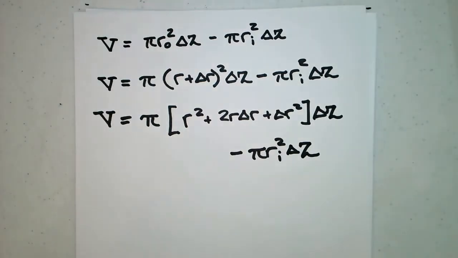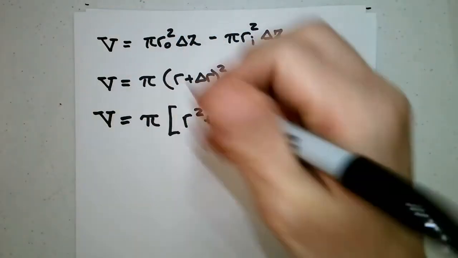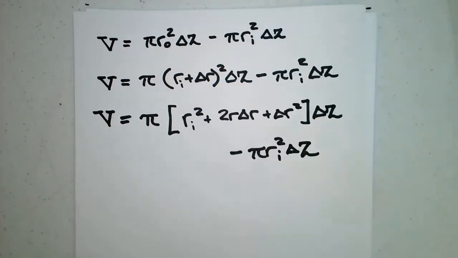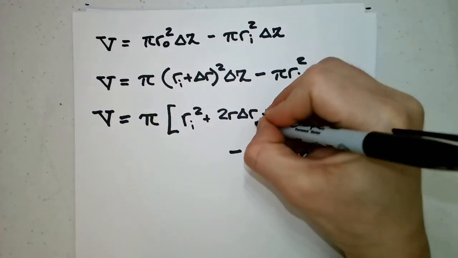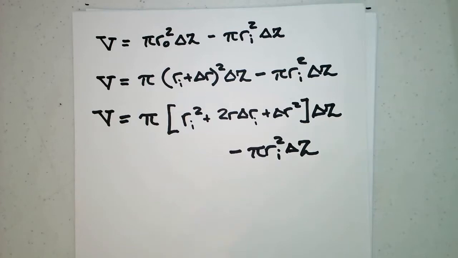And that ri was just r, so I guess we can call that ri here. And then we'll drop that i because that's just the inner radius that we had. We had r and r plus delta r.